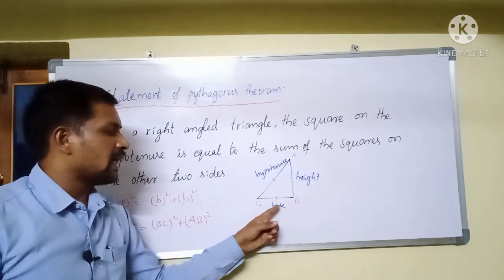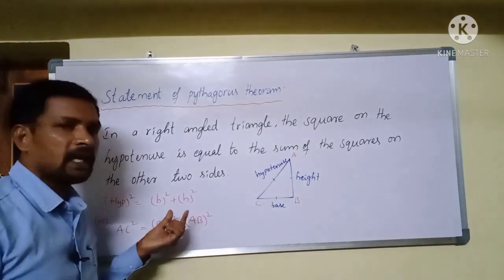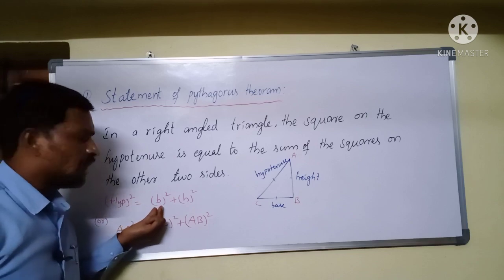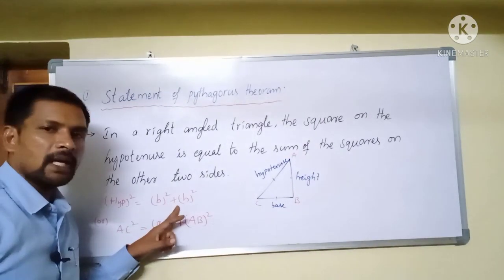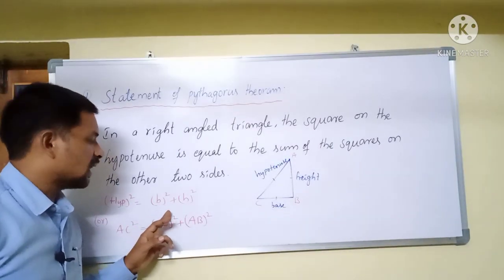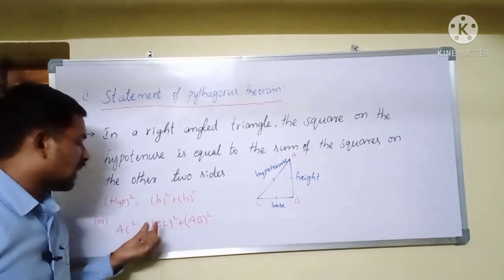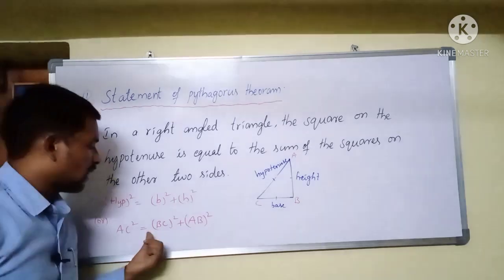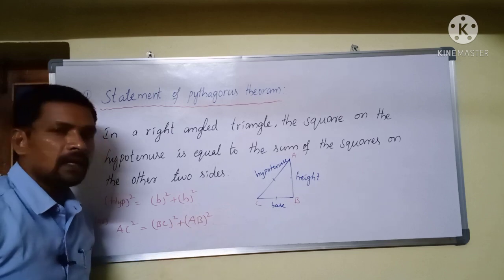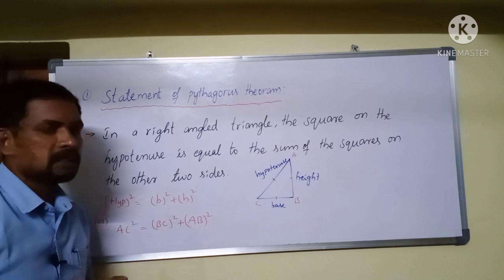And the side BC is called the base. Symbolically, hypotenuse square is equal to base square plus height square. We can write it as AC square is equal to BC square plus AB square. So this is the statement of Pythagoras theorem.